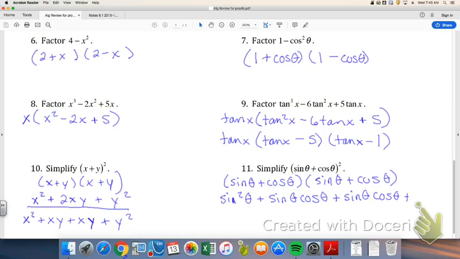Plus the last terms, cosine times cosine is cosine squared theta. Do I have any like terms to combine? Yep. Sine theta cosine theta plus sine theta cosine theta. So I have sine squared theta plus what? 2 sine theta cosine theta plus cosine squared theta.